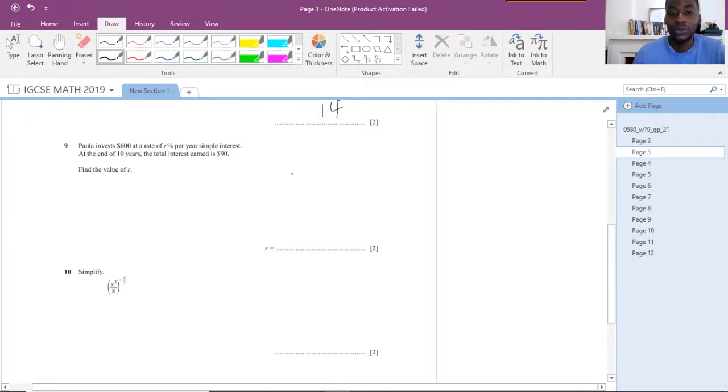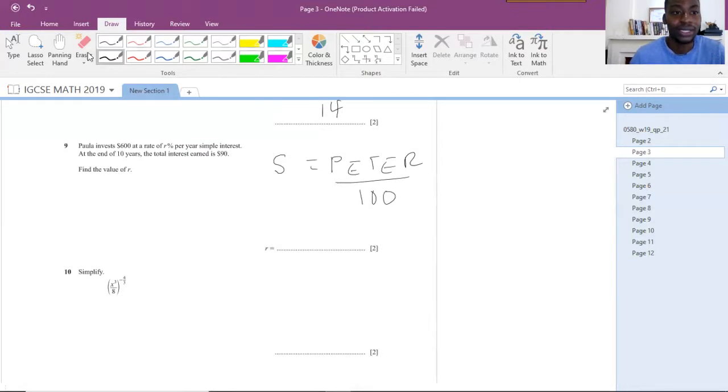So the best way to remember the formula for simple interest is saying simple interest is equal to Peter over 100. Peter over 100. And what you do is just erase the e's.